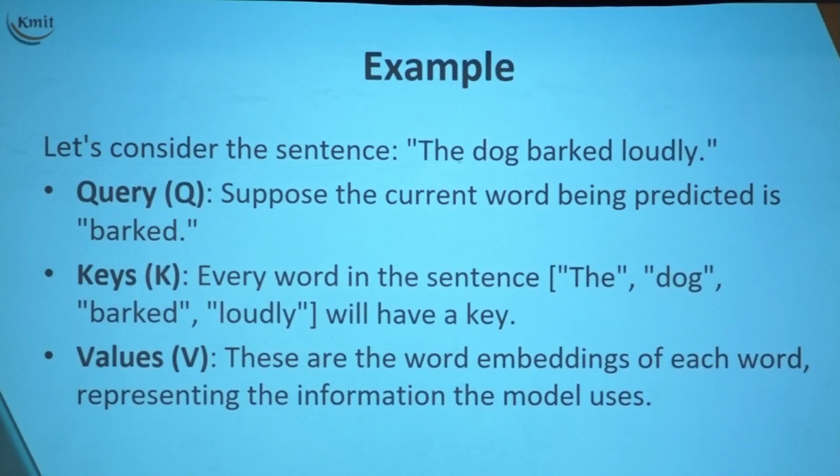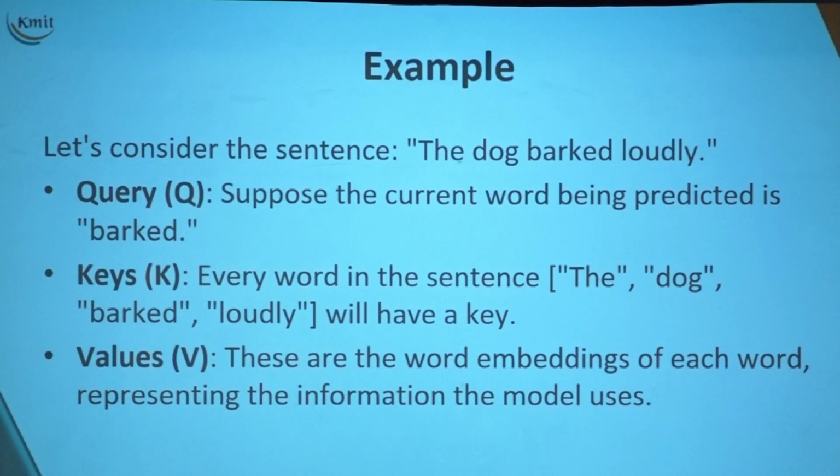Let's see an example. The dog barked loudly. Okay. So how many words are there here? 4 words. Query: suppose the current word that is supposed to be predicted is barked. Okay. So what are the keys? All the words: the, dog, barked, loudly.